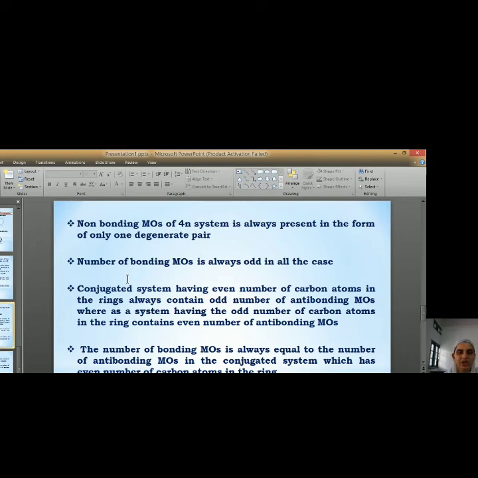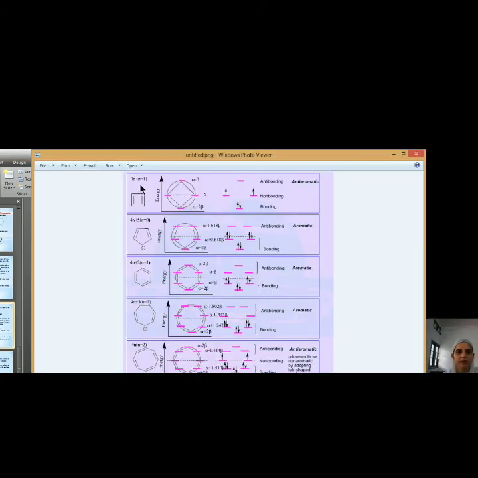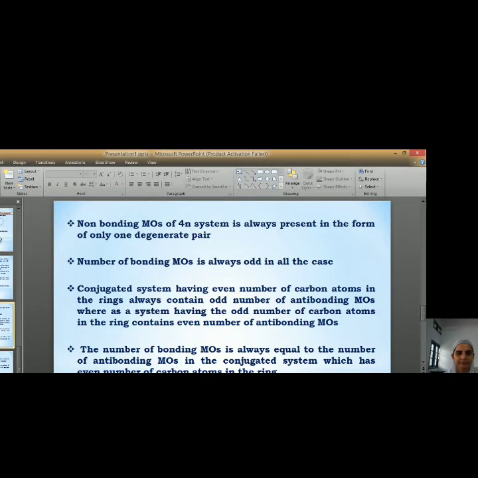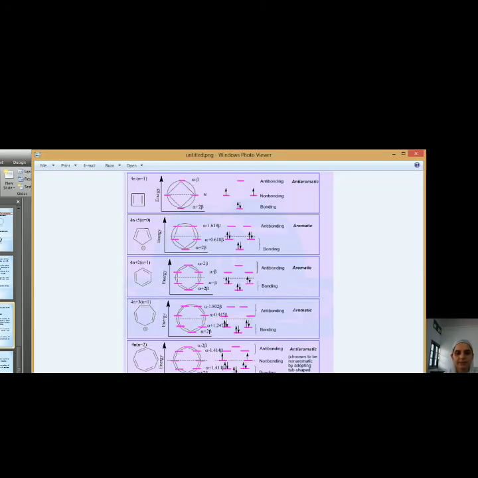So next generalization is the non-bonding MOs of the 4n system are always present in the form of a degenerate pair. That is, in the 4n system these are present in pairs. The number of bonding MOs is always odd in all the cases. So we can see that there is one lowest lying MO.